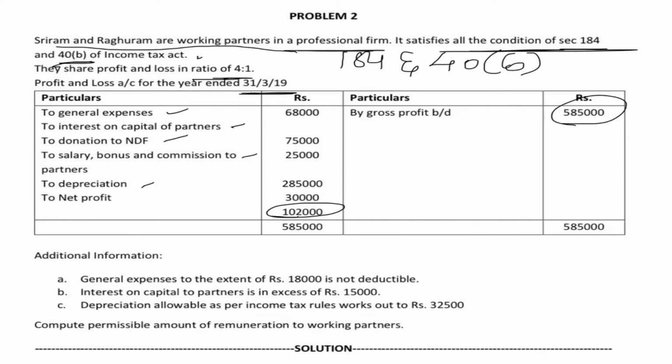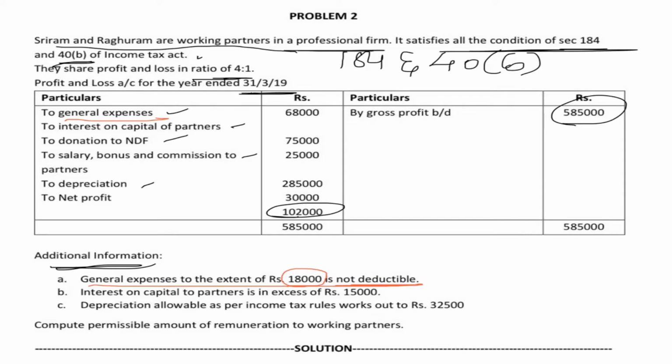Gross profit. Okay, now the additional information we have. General expenses to the extent of 18,000 is not deductible, right? So we have an adjustment here. General expense is a regular expense to any organization or firm, but they have specifically told us that to the extent of 18,000 it is not deductible.